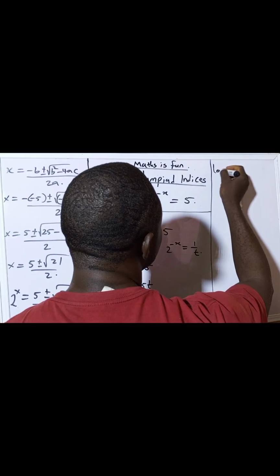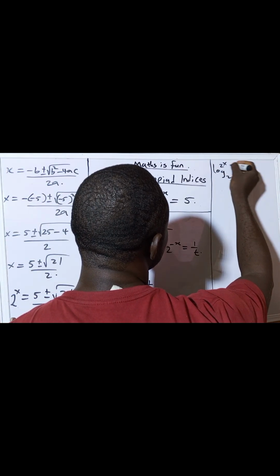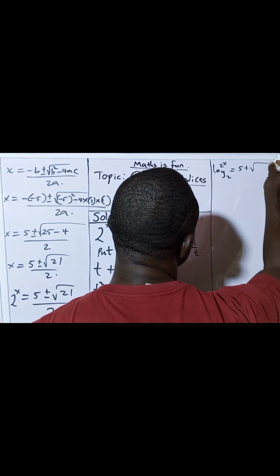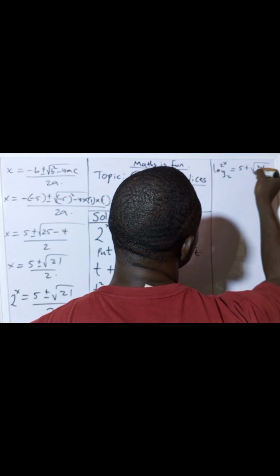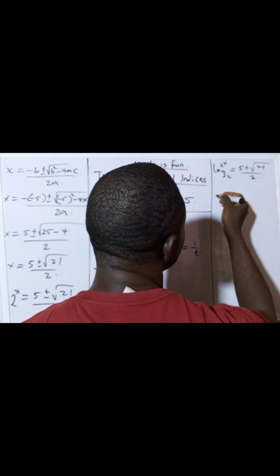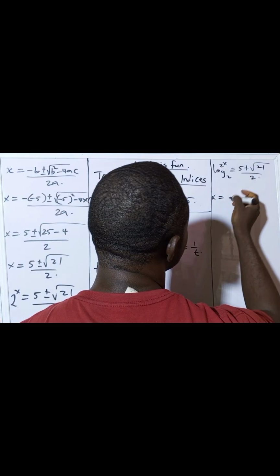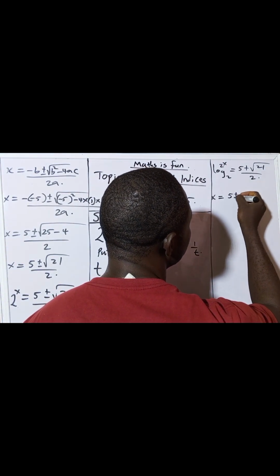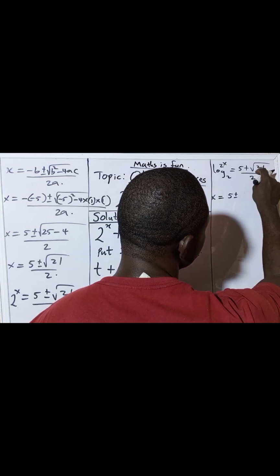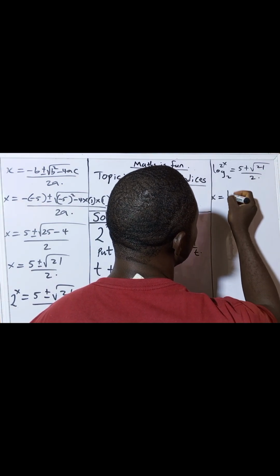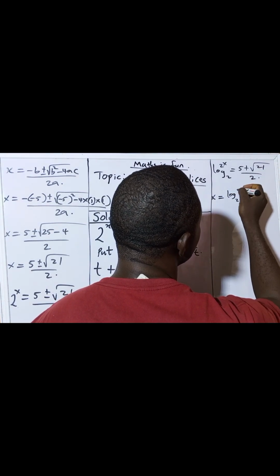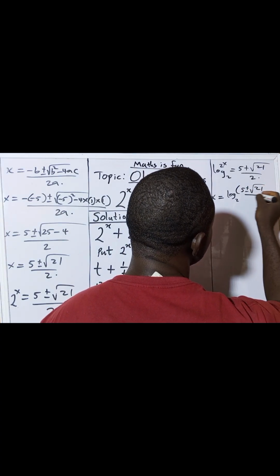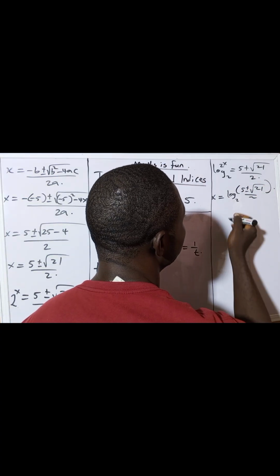Now I have x is equal to log base 2 of the bracket 5 plus or minus square root 21 all over 2. This is what you have.